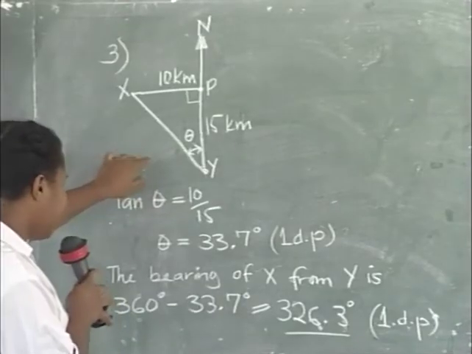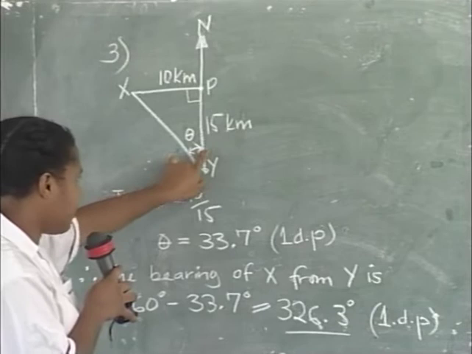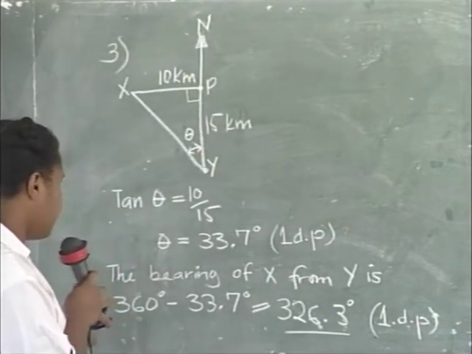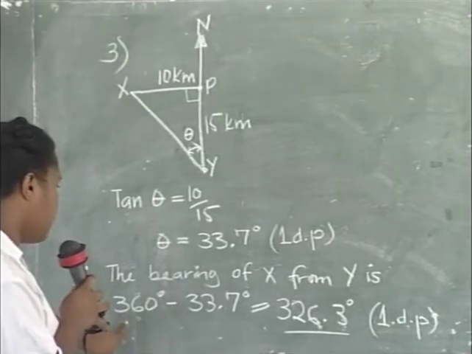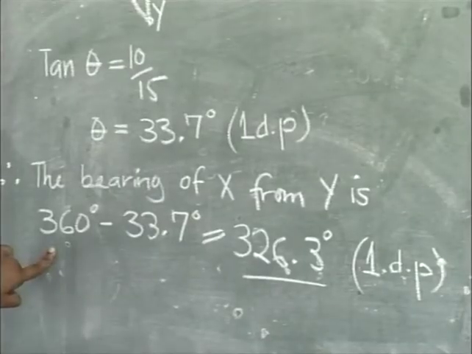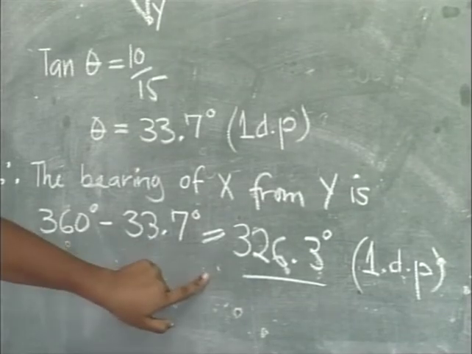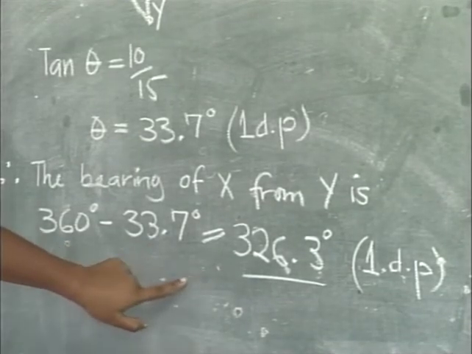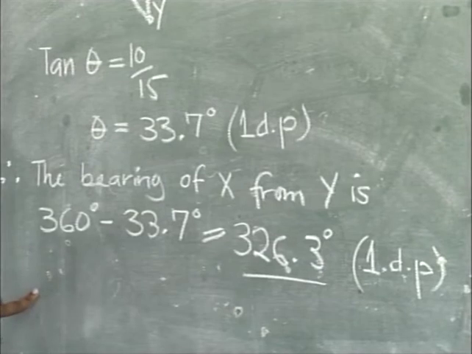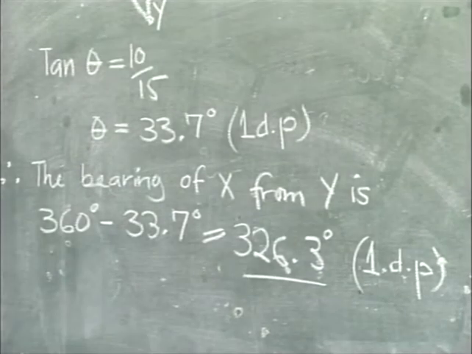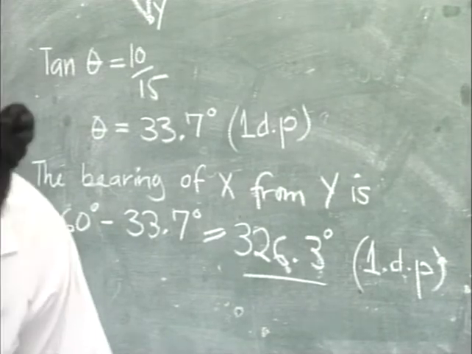And then, because to calculate the bearing, we always start from the north and we go clockwise, what we did was we minus 33.7 degrees from 360 degrees to get 326.3 degrees to 1 decimal place, which is the bearing of X from Y. Good.